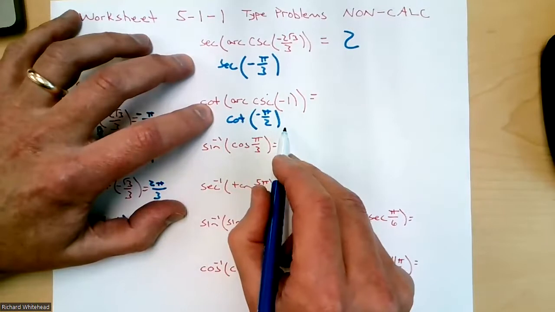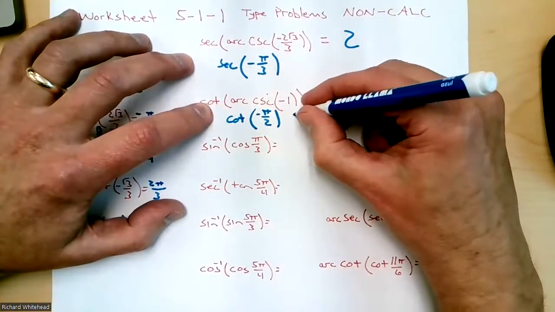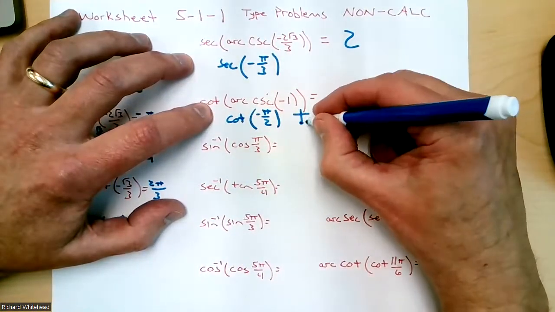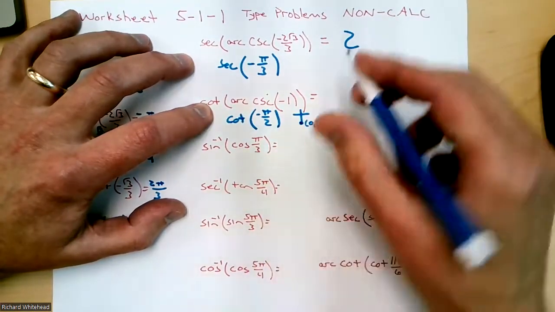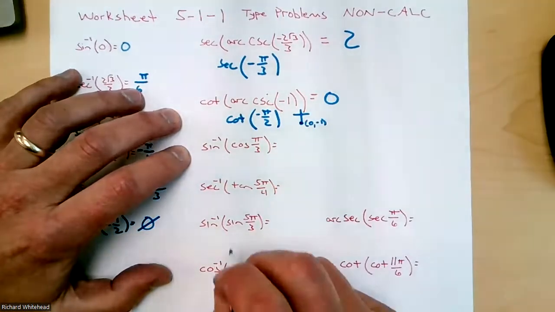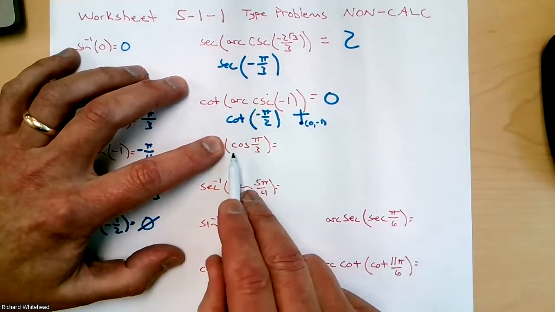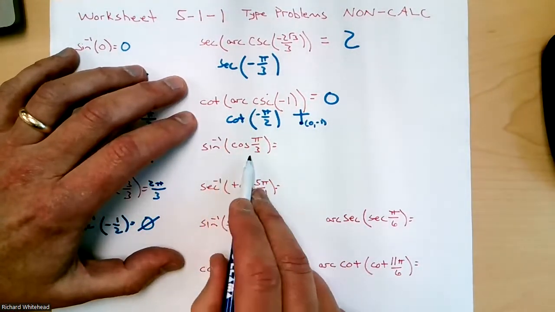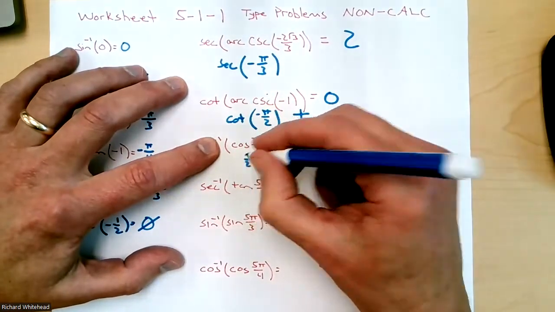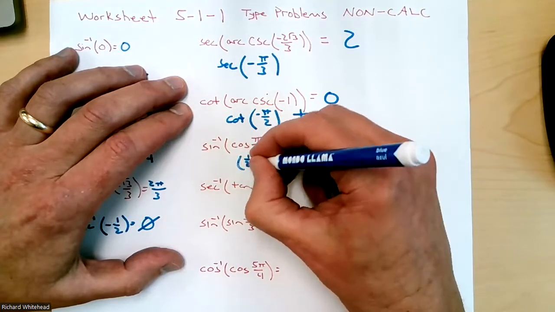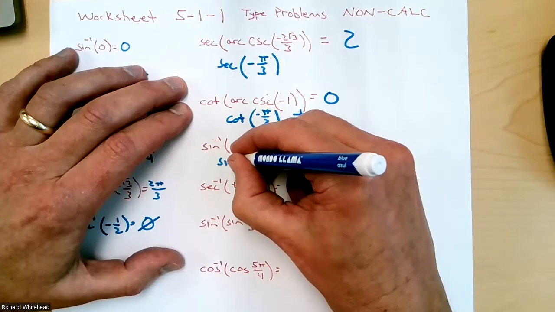Then we've got, what's the cotan of negative pi over 2? That would be the point 0, negative 1, and cotan is x over y, so that's 0. Now we've kind of flipped the order. What's the cosine of pi over 3? Cosine of pi over 3 is 1/2. So then what's the inverse sine?